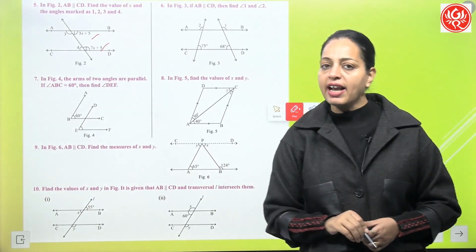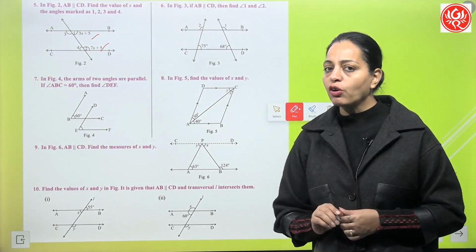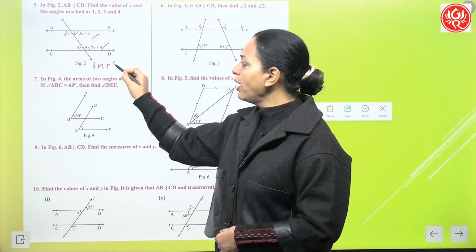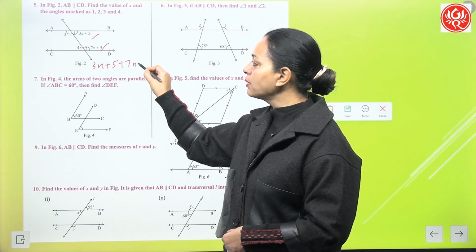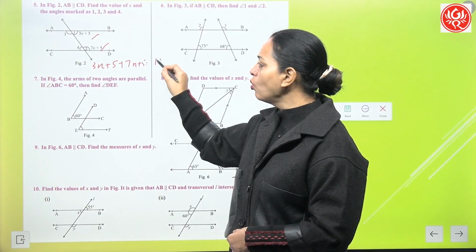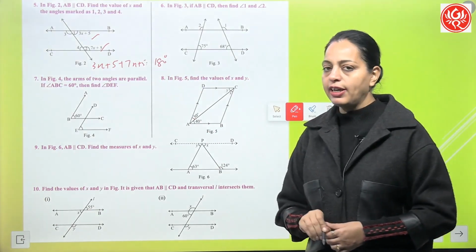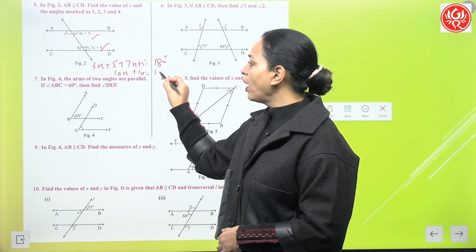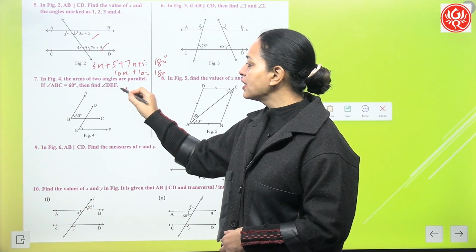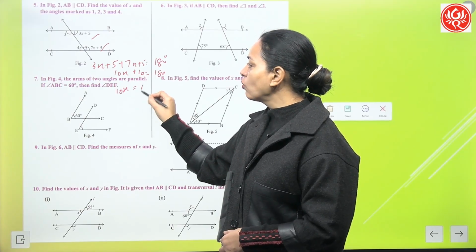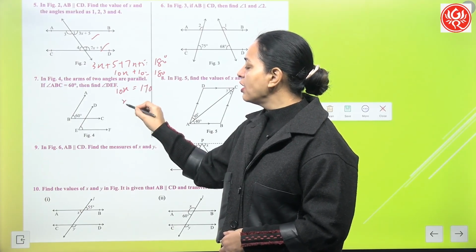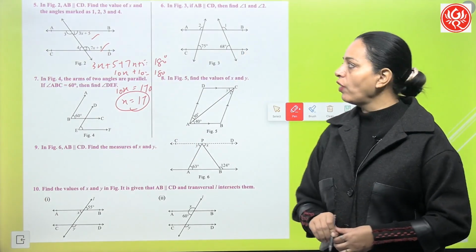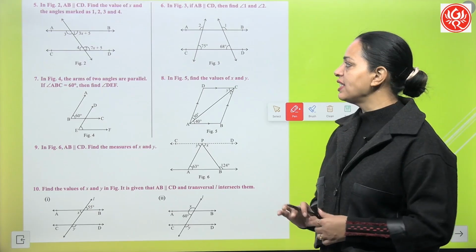These are interior angles on the same side of the transversal. So these are supplementary. So 3x plus 5 plus 7x plus 5 equals 180 degrees. So 10x plus 10 equals 180 degrees. So what is x? 10x equals 170. So x is 17, right? So the value of x is 17.